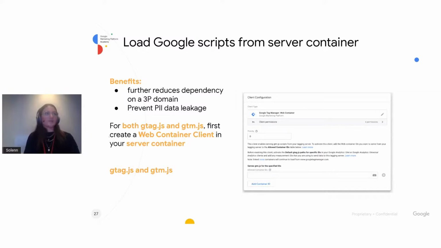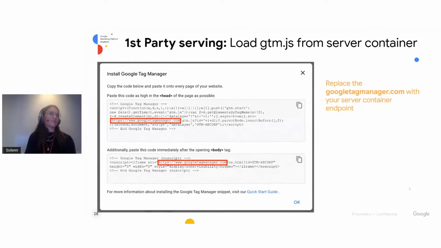But first you need to create a web container client in your server container. That's quite important. So here you see, and I didn't put it in the screenshot, sorry, but there is a possibility within the interface in the client to actually define the custom URL.